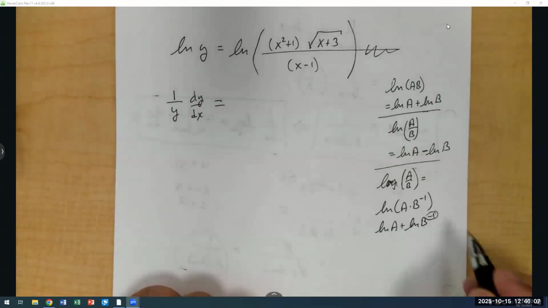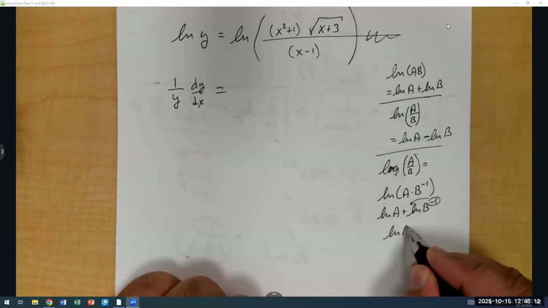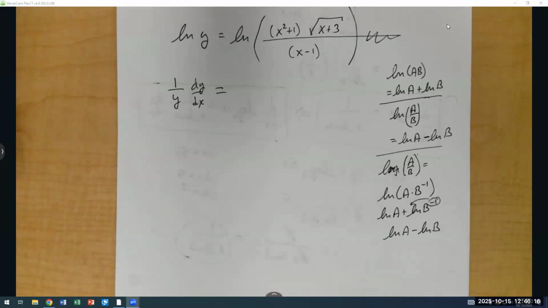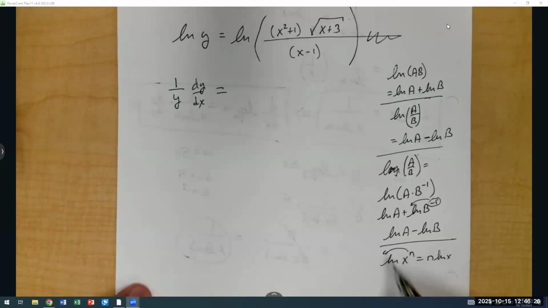Since you have an exponent, it goes out in front. So it becomes ln A minus ln B. That's where it comes from. Whenever you have an exponent, it goes out in front. That's a quick run through of the rules of logarithms. That's chapter 5 in algebra.